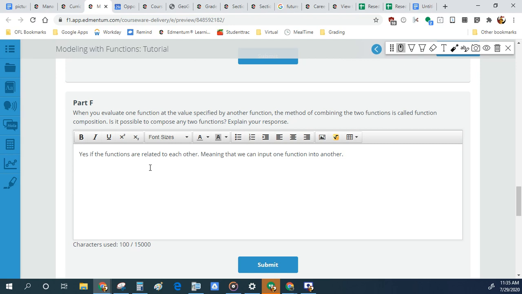So that's the long answer. The short answer, I don't know why they did it that way. It's like, can you do it? Yeah, we literally just did it. But the long answer would be this: as long as they're related, meaning we can put one function into the other function.